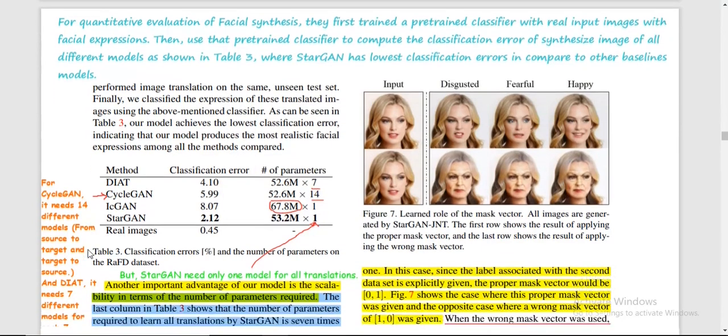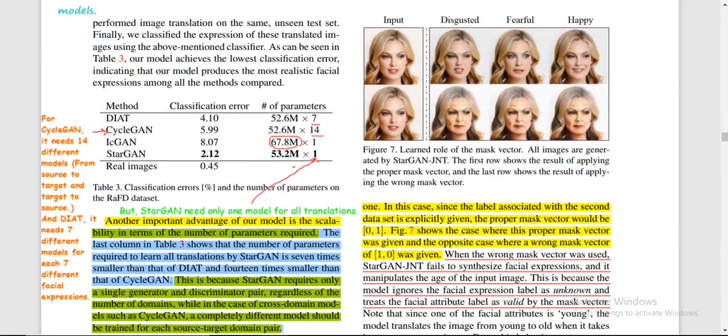For example, if you see the number of parameters, it is times 14 and only 1 in StarGAN, because in cycle GAN, if we want to transform between the 7 face expressions, right, in each face expression we have to transform from one face expression to another, so altogether we need 14 generators, or 14 models, right?